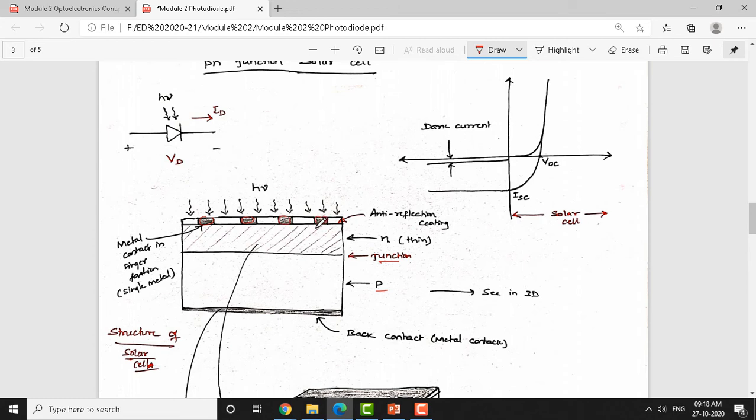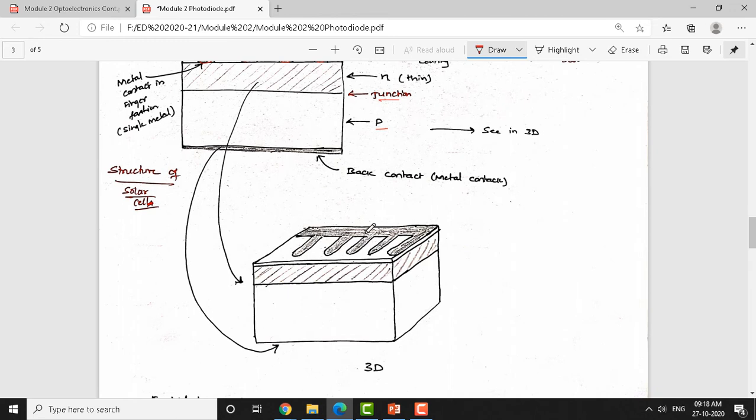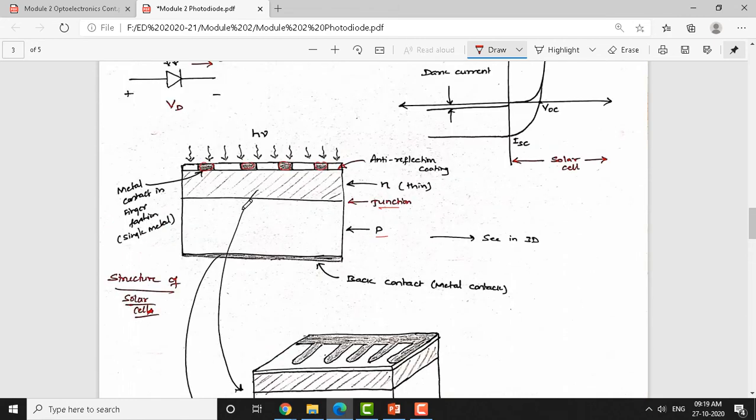And if you observe this in 3D, it looks very good. As you are seeing at the bottom, you can see the top view or the three-dimensional view of the solar cell. And adjacent to this there is an anti-reflection coating, so that whenever light is made to fall on this, it should not reflect away. Therefore, the anti-reflection coating is made on the top surface.